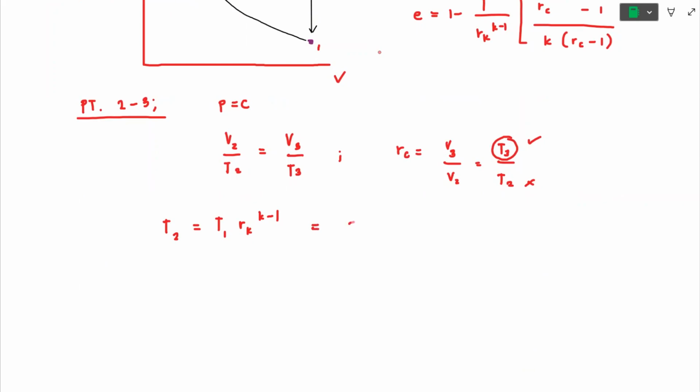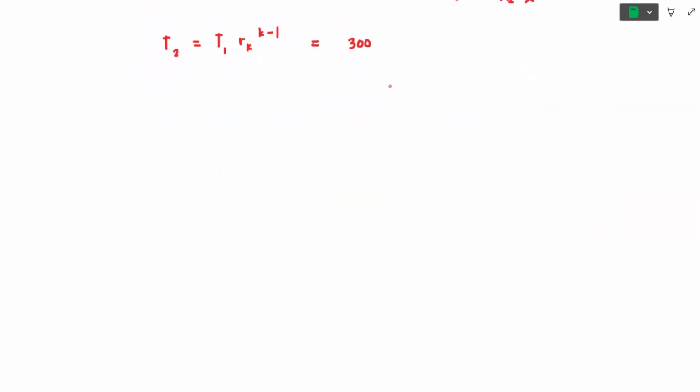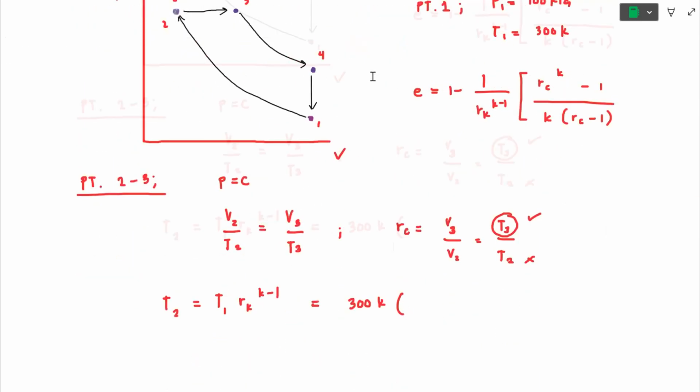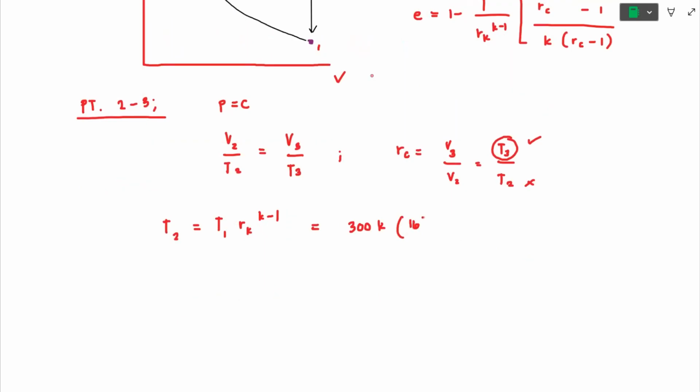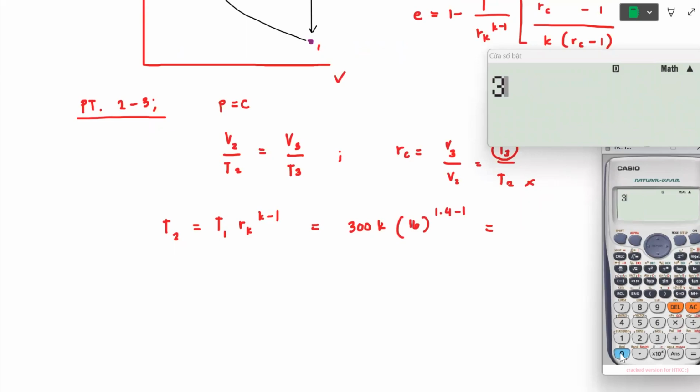Okay, so T1 mo is 300. And then, multiply it with yung RK na ibinigay sa'yo, 16 to 1, will be 16. And then, raise natin ng 1.4 minus 1. Yan na. So, masosolve ko na agad yung T2. So, 300 multiplied to 16, raise ko ng 0.4.